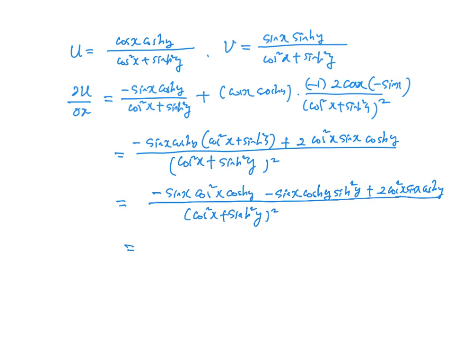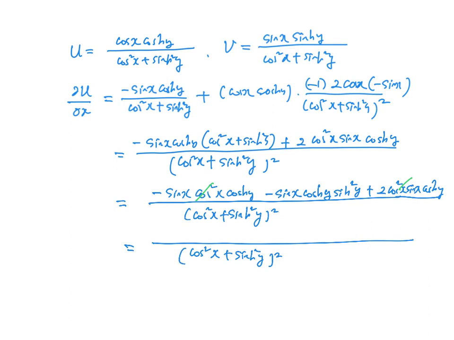So we have minus sine x cosine square x cosine hyperbolic y and 2 cosine square x sine x cosine hyperbolic y. So 2 becomes 1, right? So this cancels this. So we have over cosine square x plus sine hyperbolic square y, squared.